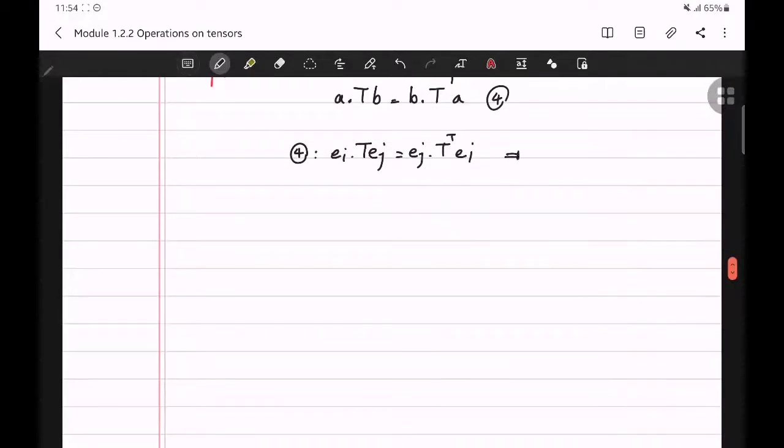So you can simply write Tij is equal to Tjiᵀ. And in matrix form, you have Tᵀ.